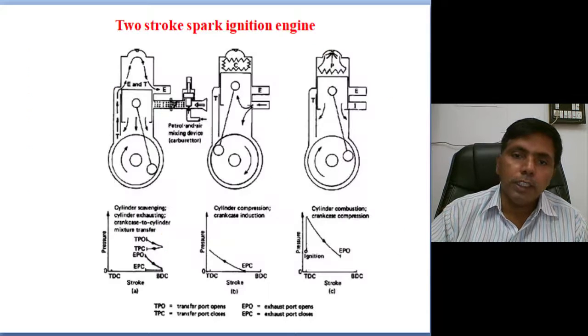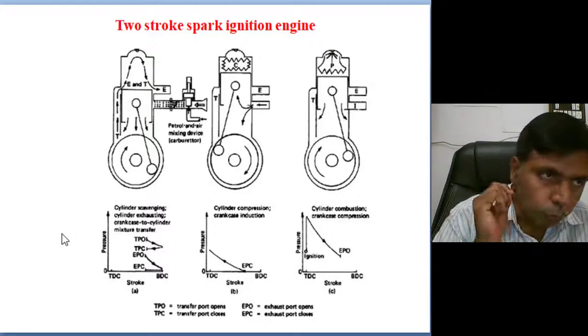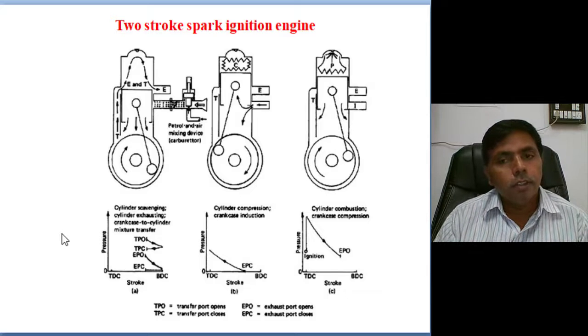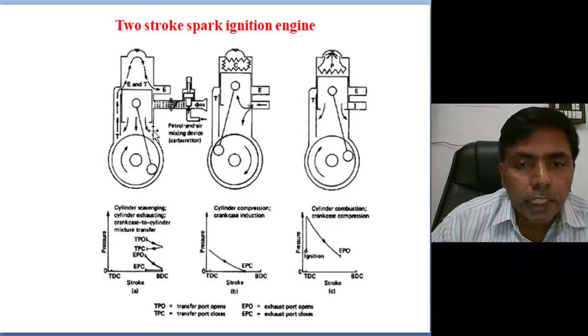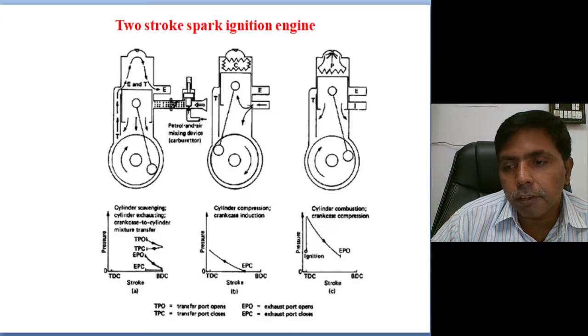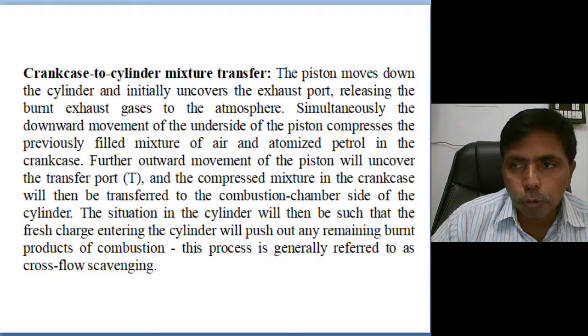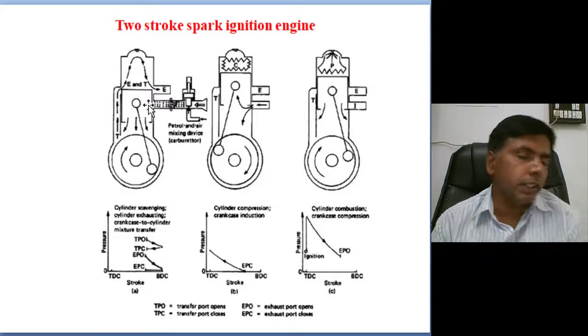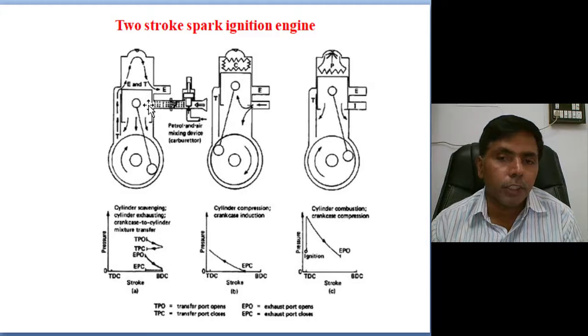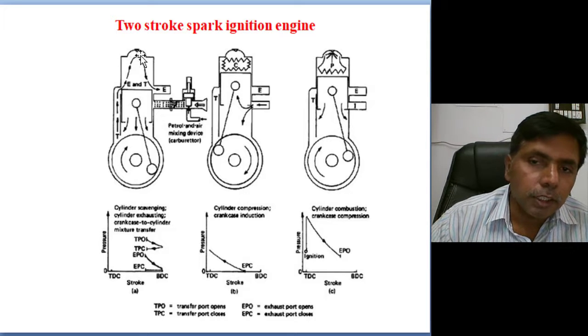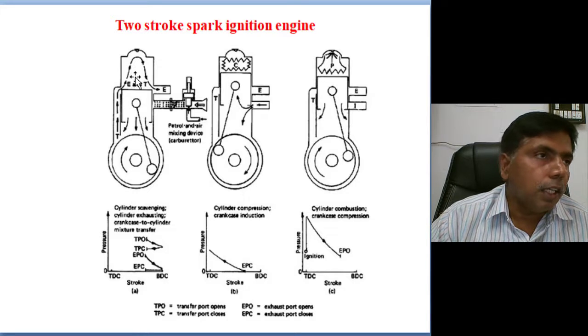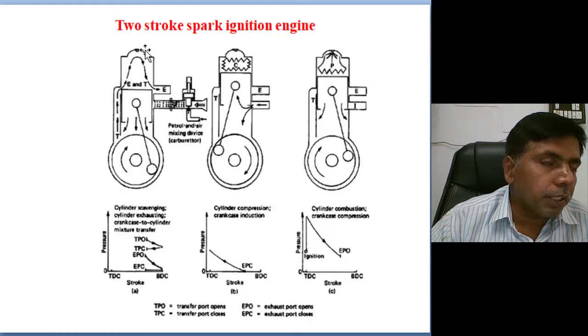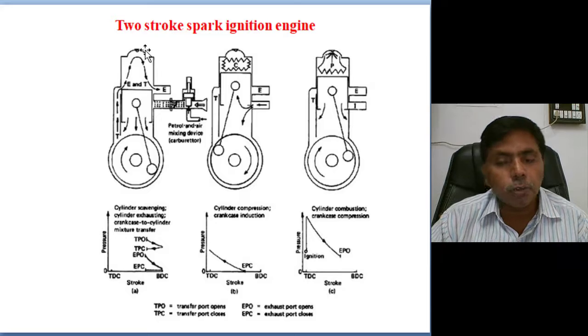So how does it take place in two movements? First, crankcase to cylinder mixture transfer, the first stroke. Suppose the piston is moving from TDC to BDC. After combustion by the spark, expansion comes into the picture, with the creation of maximum temperature and maximum pressure.